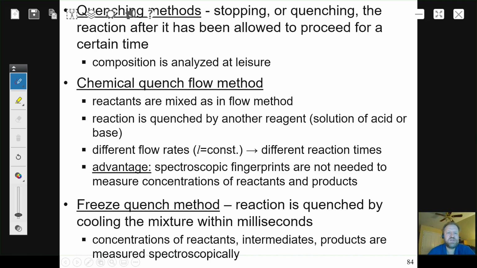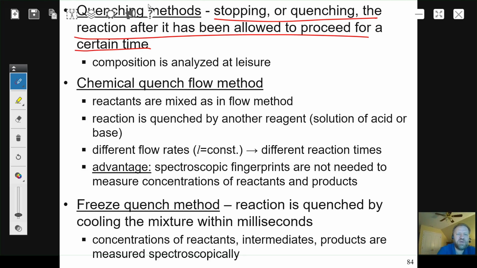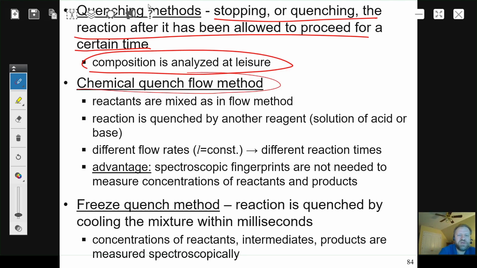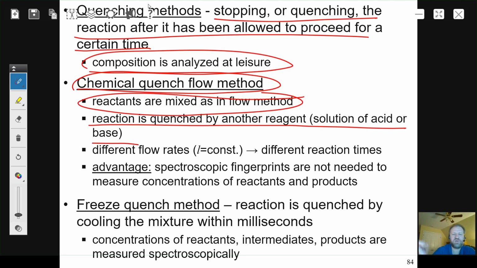And then I think the last set of methods that I would like to mention are quenching methods. Basically, the idea is to stop or quench the reaction after it has been allowed to proceed for a certain period of time, and then the composition is analyzed at leisure. Then we distinguish between chemical quench flow methods, where once reactants are mixed, as we have them in the flow method, the reaction is quenched by another reagent. So you basically stop the reaction at the desired time interval.